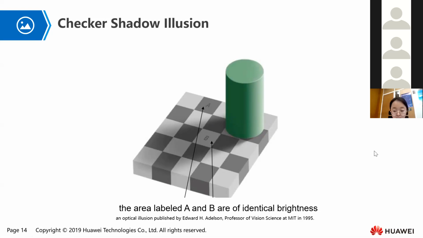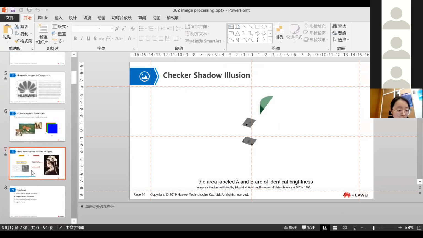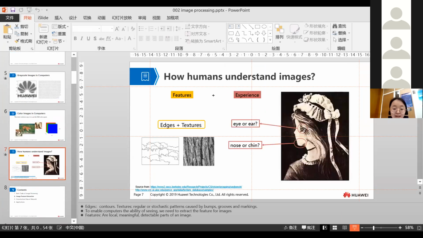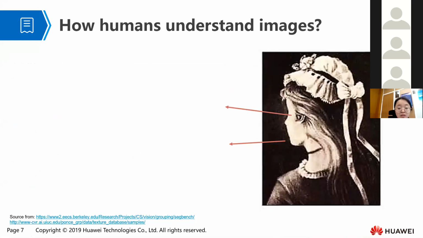First thing is to explain what features are. In an image, features actually mean the textures or the outlines of the image.